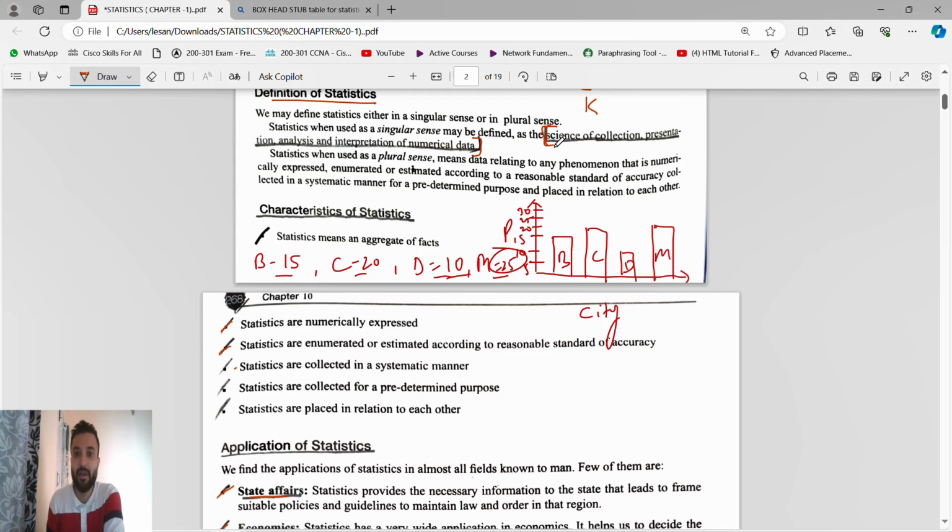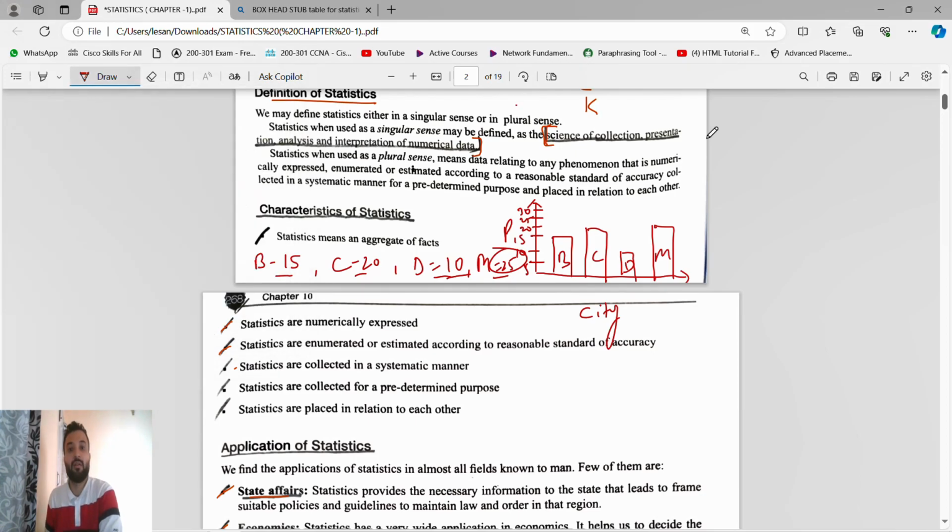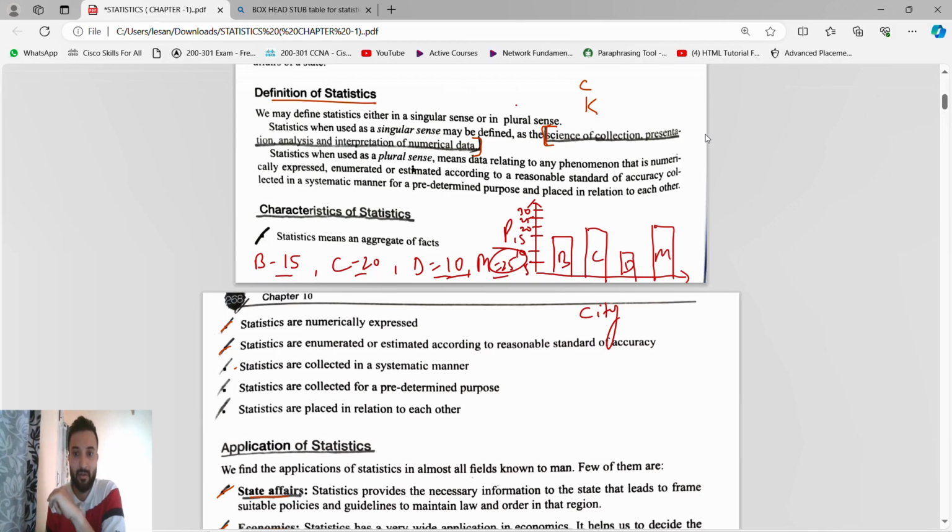So statistics: there are four things upon which statistics depends: collection, presentation, analysis, and interpretation of numerical data. With the help of numeric data only can we make any graph.